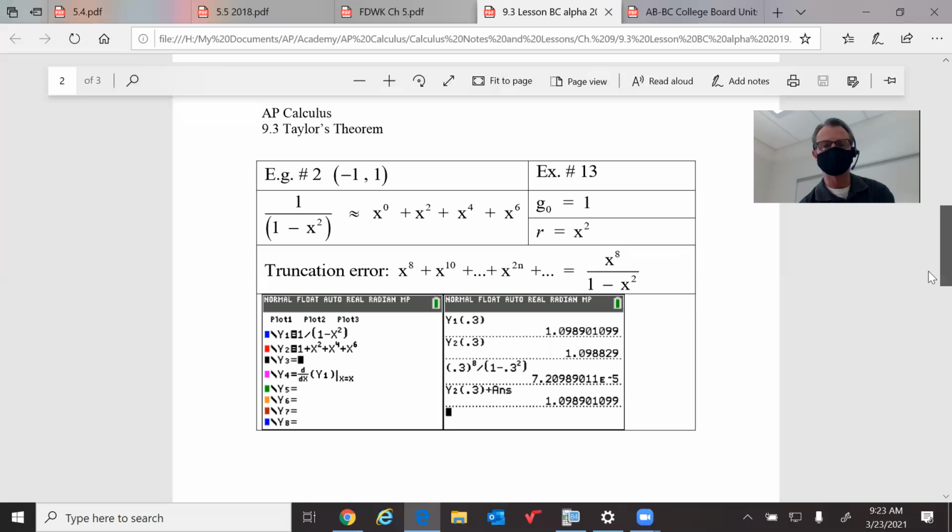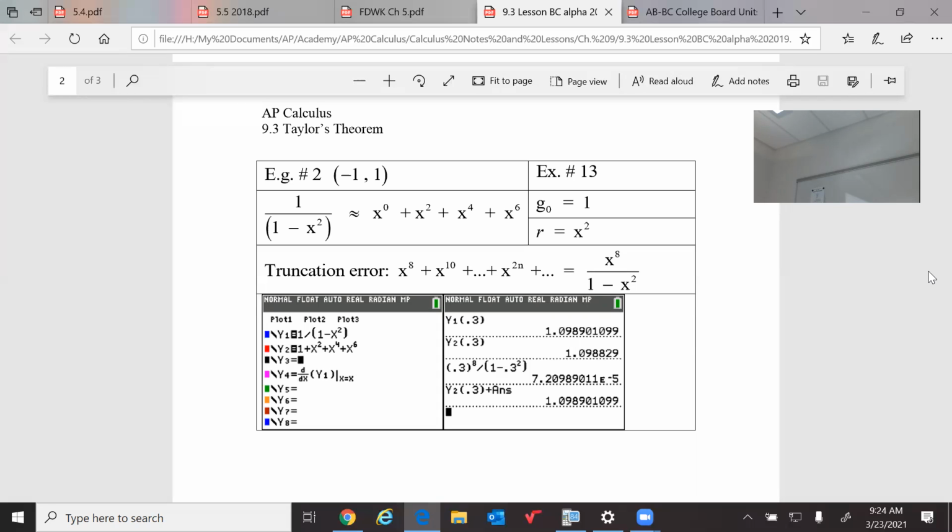So here's example 2. The interval of convergence is -1 to 1. And we have this function, 1 divided by 1 take away x squared. And we're going to do this to order 6.